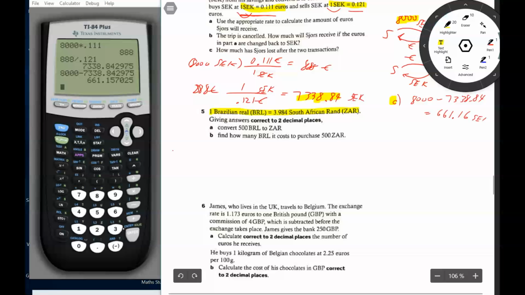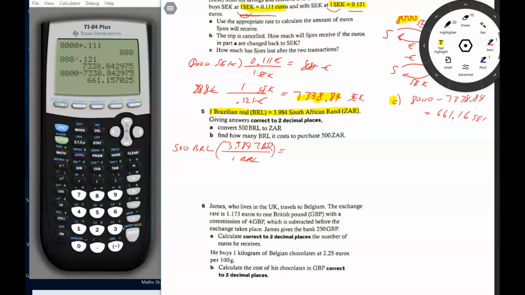Okay, so I'm going to start with 500 Brazilian reais, and I'm going to use the domino here to convert it. 1 Brazilian real is equal to 3.984 South African rand.